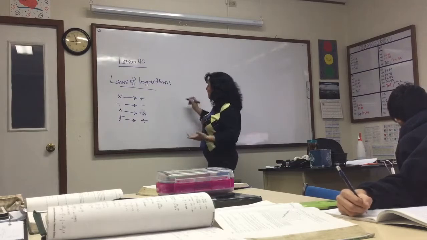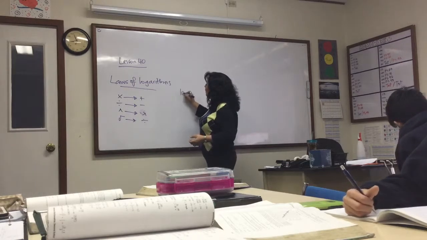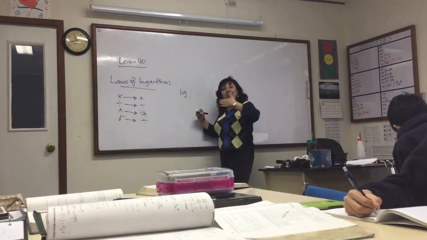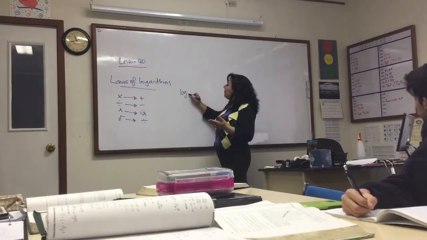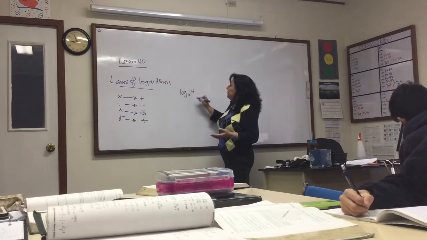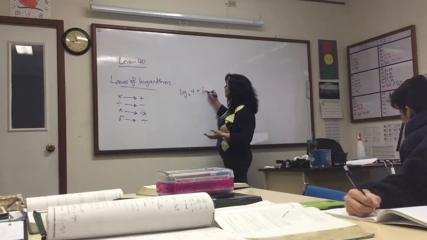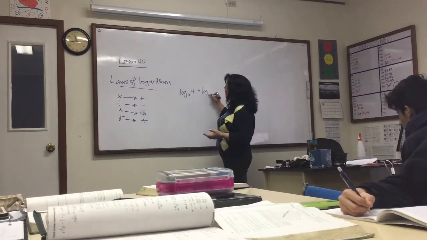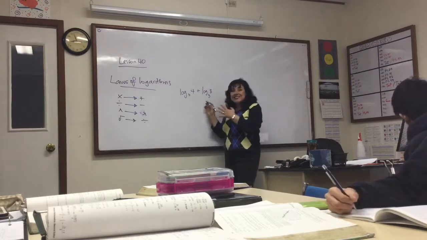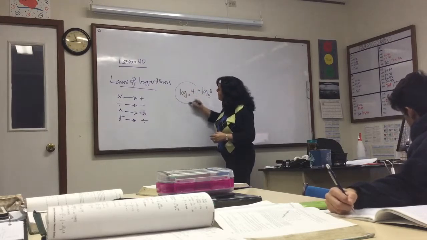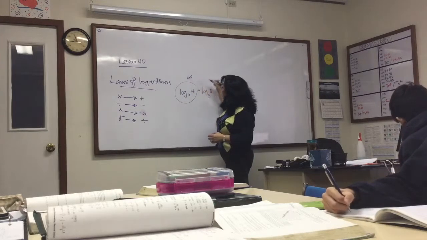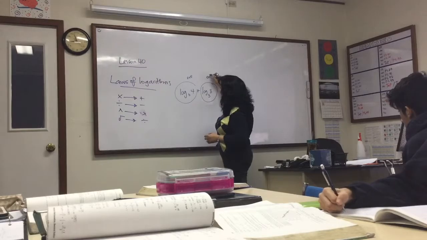So if you have, for example, the logarithm, they don't have to have the same base. So the logarithm base 3 of 4, plus the logarithm base 3 of 8: this is one exponent and this is another exponent.